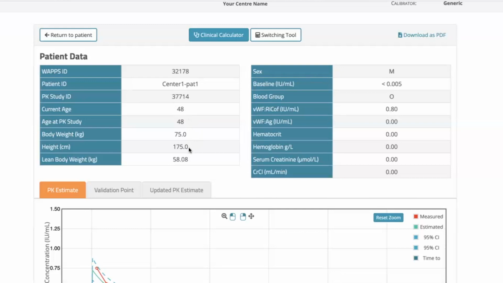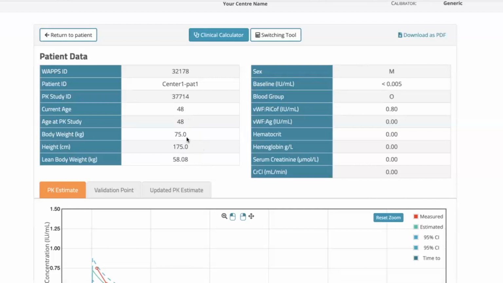Then you have the body weight, the height, the lean body weight, which is an important determinant of PK. So we put it here to let you see if it's similar or different from the actual body weight. If you want to obtain a peak of 1, you would need to give 50 IU per kg of lean body weight.